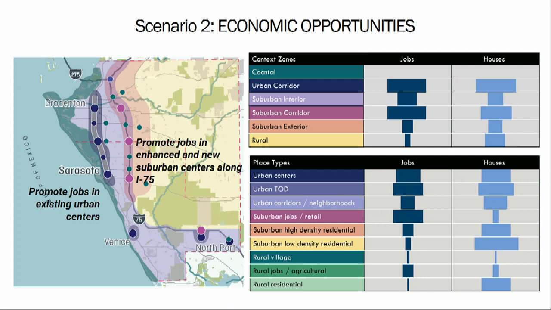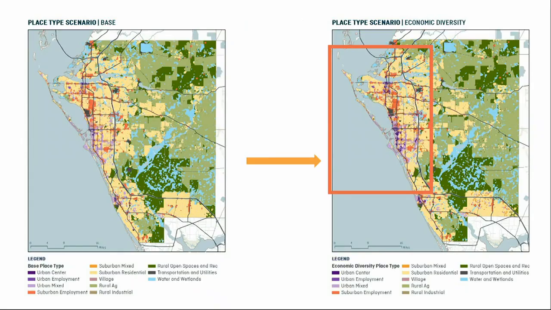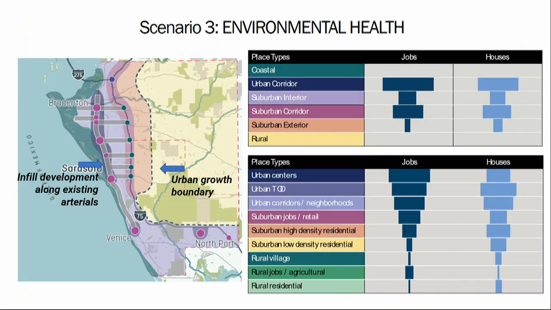And you can see that we still have a lot of rural growth, and a lot of the jobs are still away from the housing. So our transportation system needs are going to continue to grow. And this still had a lot more of the growth off to the west, but it was one scenario that we looked at, and we looked at two others.